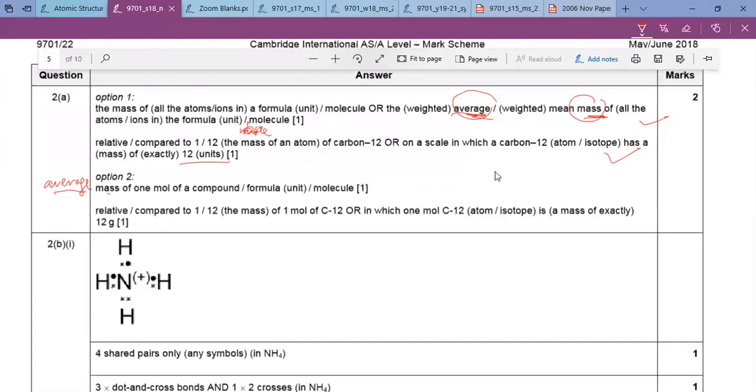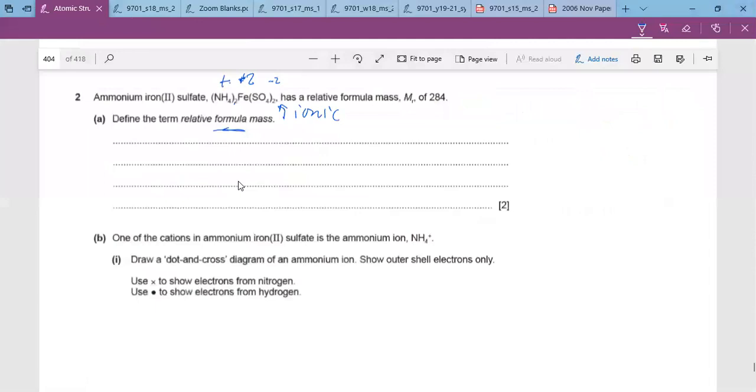Just put the general average mass of 1 molecule of the compound compared to 1/12 the mass of 1 atom of carbon-12, where carbon-12 equals 12 units exactly. The marking scheme is very important, you have to know it. I've done this already.